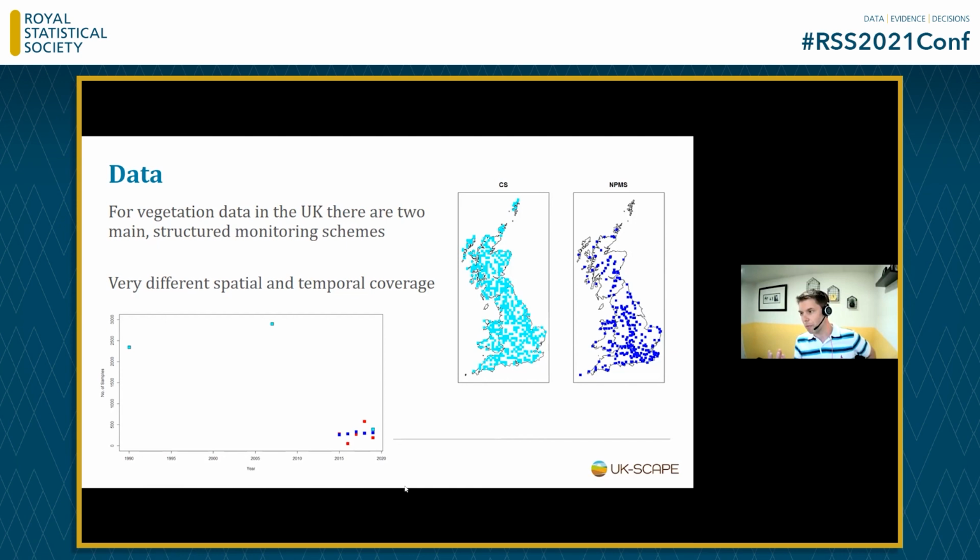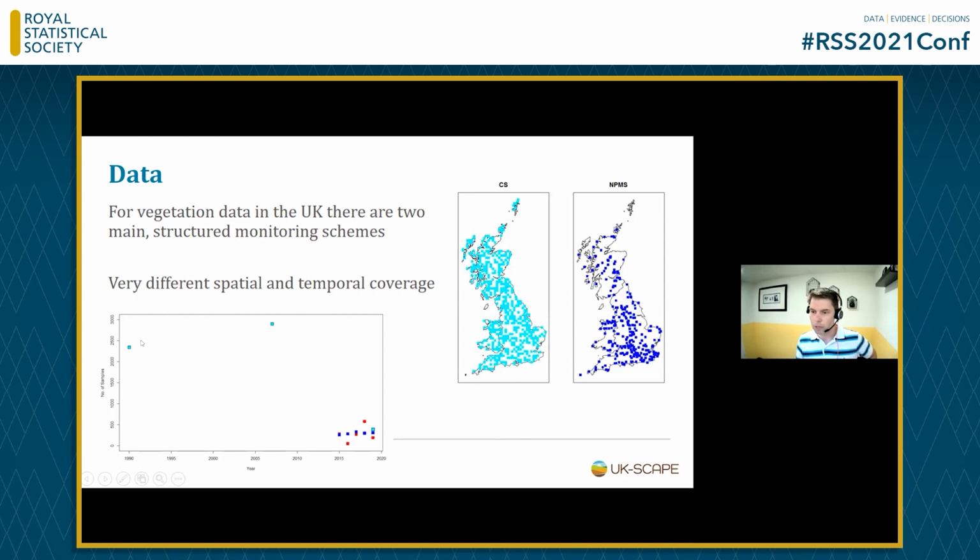The National Plant Monitoring Scheme doesn't have even coverage. It's mainly dominated around the south and the Midlands area. The Countryside Survey Scheme is spatially even and representative; it was designed that way.